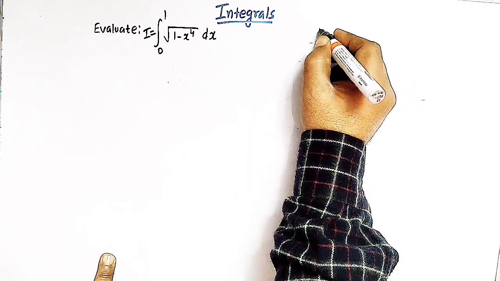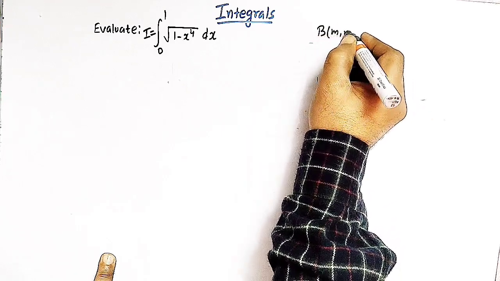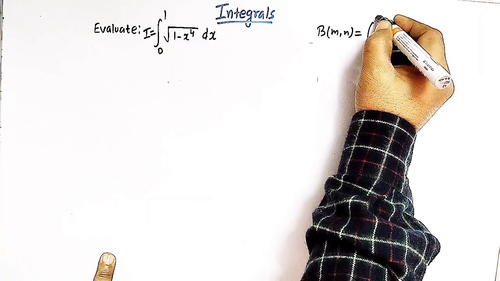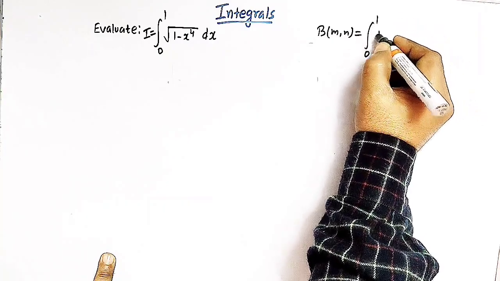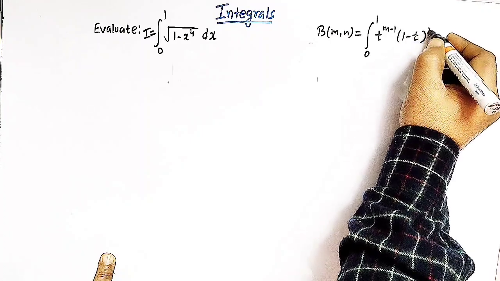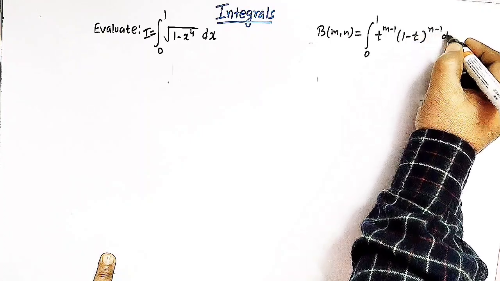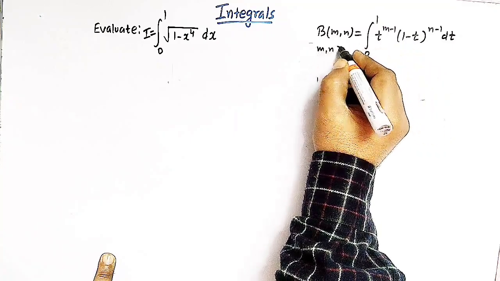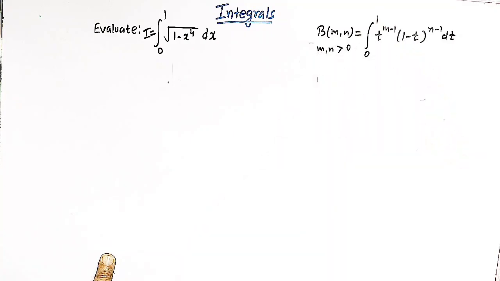Here the beta function is defined as beta m comma n, and this is given by the integral 0 to 1 of t raised to m minus 1 and 1 minus t raised to n minus 1 dt. And remember, m and n are greater than 0.